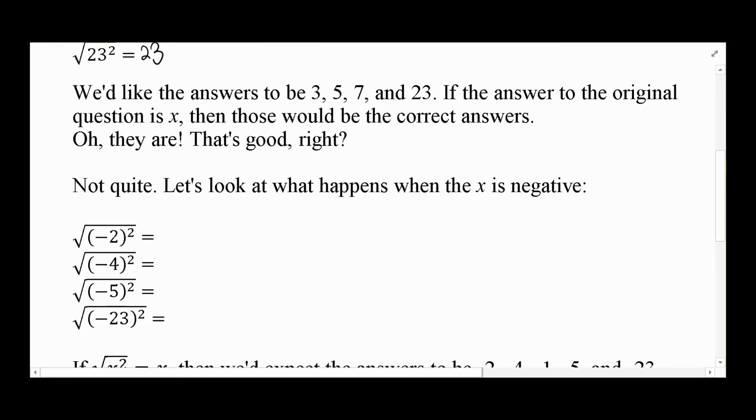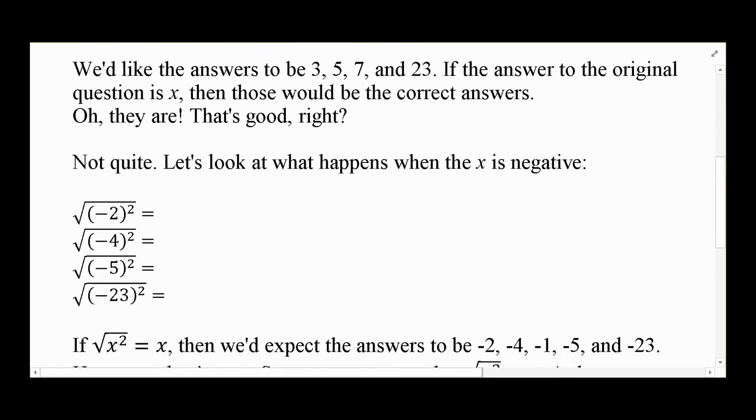But let's look at what happens when we pick some negatives. If it were true that the square root of x squared is x, then the answers we'd expect are negative 2, negative 4, negative 5, and negative 23.